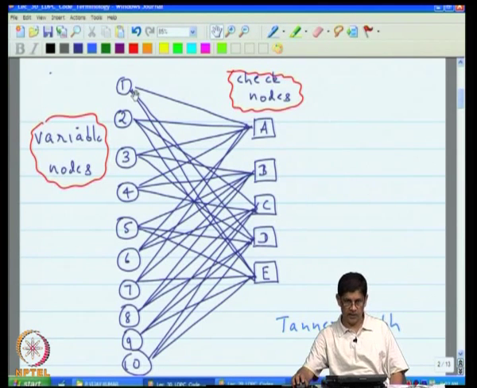Now, initially if you think about it, the variable nodes are the ones that will initiate message passing, because they are the only ones who have any information at hand, and that information is what they get from the channel input. Okay.